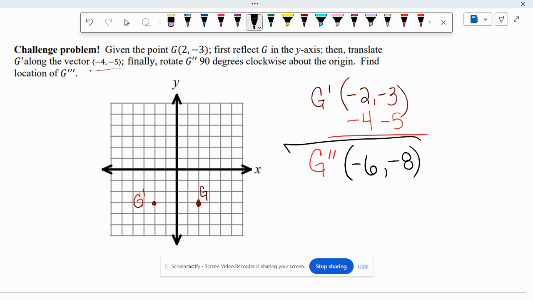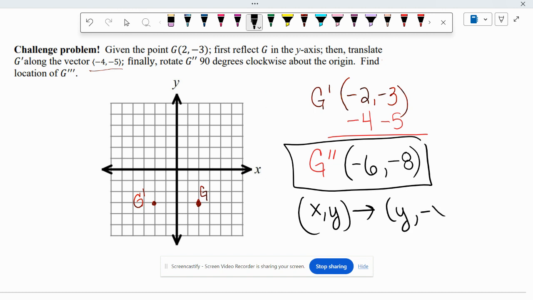Finally, we take G double prime and rotate it 90 degrees clockwise about the origin. So 90 degrees clockwise takes your (x, y) and rotates it to (y, opposite x). So what does G triple prime become?